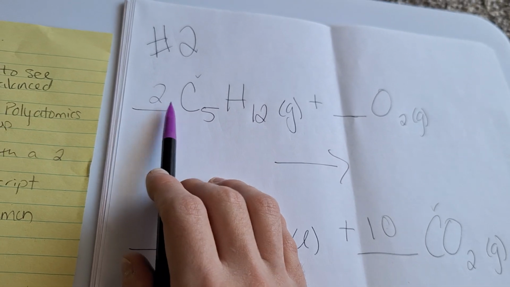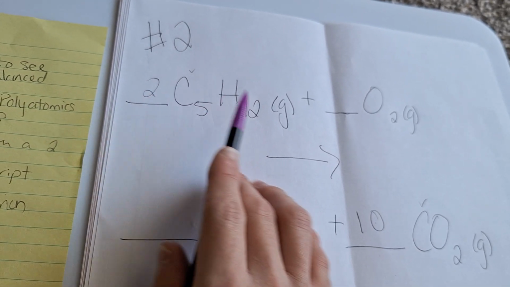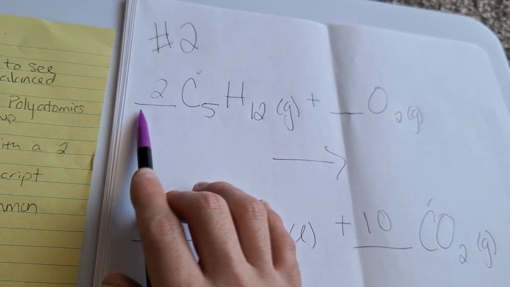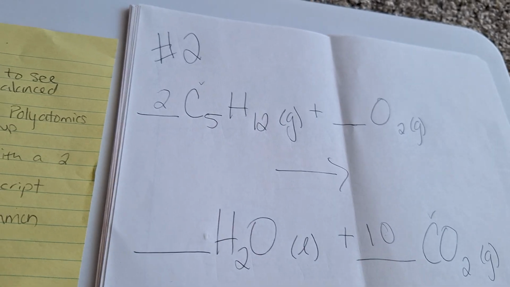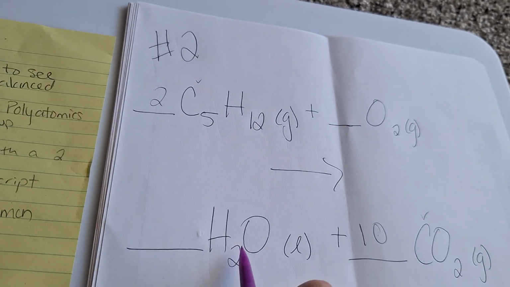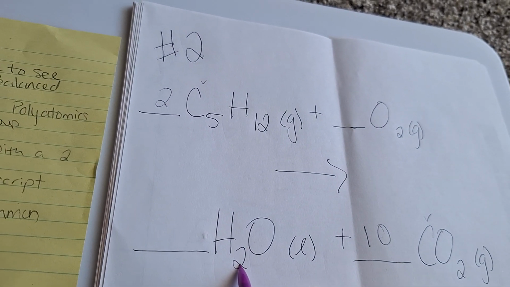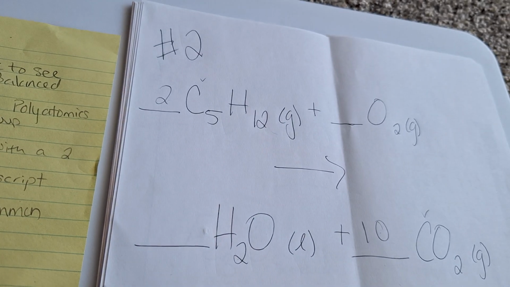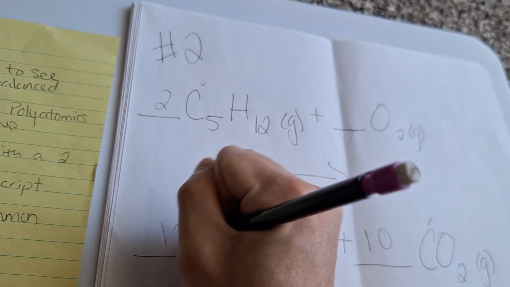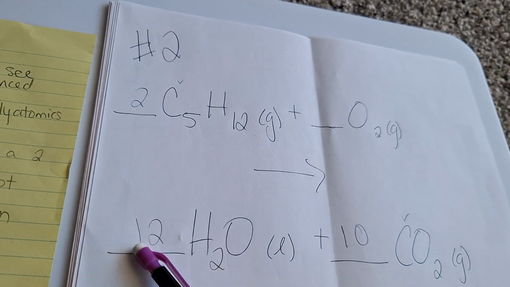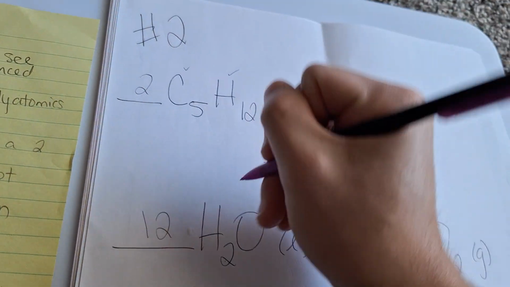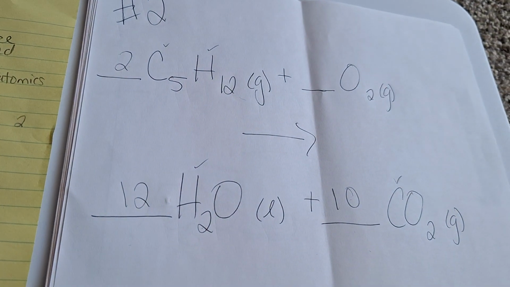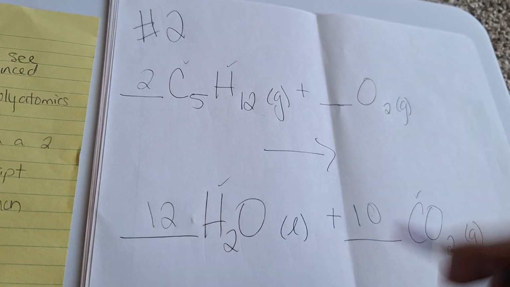So if we look up here, we have 2 times 12 hydrogens. So 2 times 12, 24 hydrogens. So that means if there's 2 hydrogens here, and we know that 12 times 2 would be 24, then our hydrogens balance out. But now we have to balance out the oxygens.